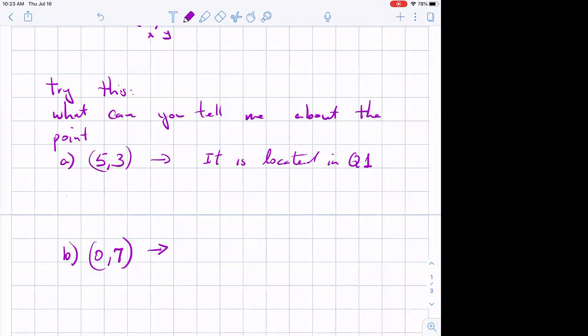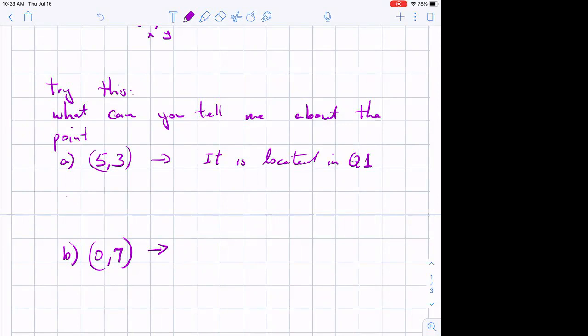Anything else you can tell me about 5, 3? It's an all positive value, so that's why it's in quadrant 1. Right, you can add to that. You can say since both x and y are positive, it's in quadrant 1. Yes, you can do that.